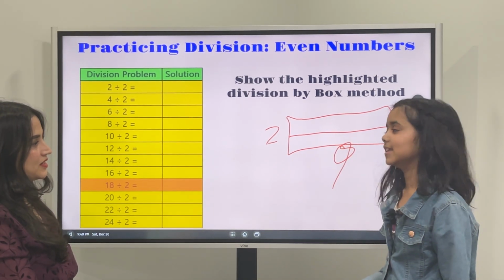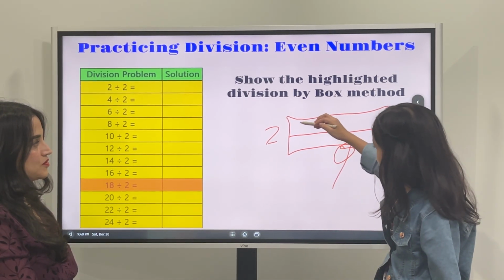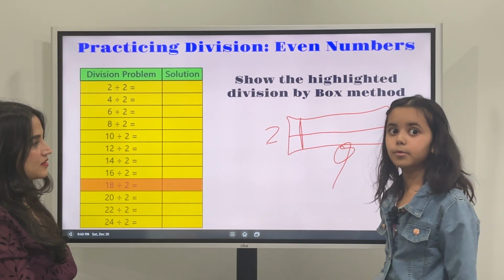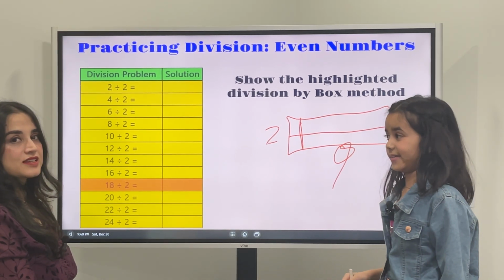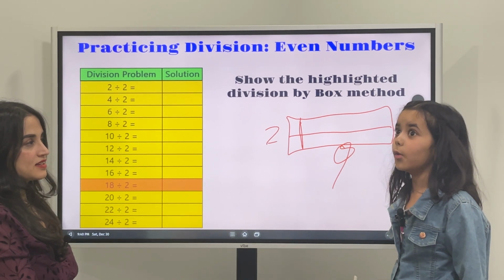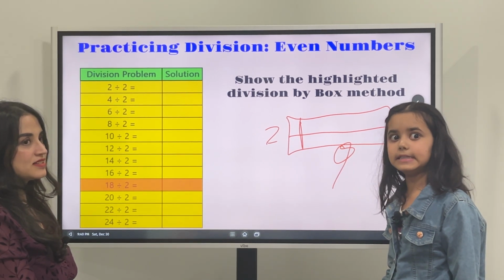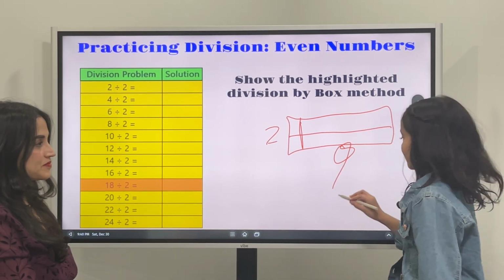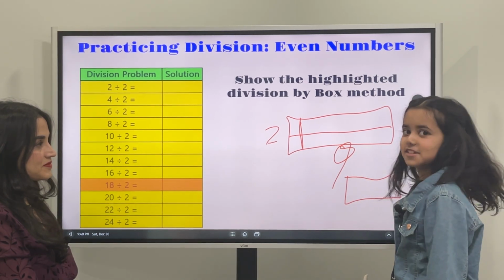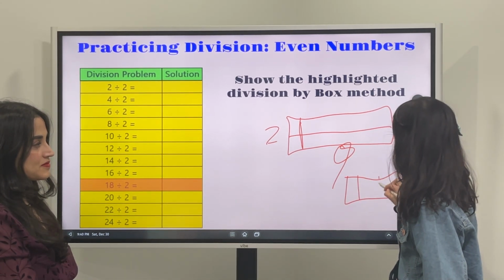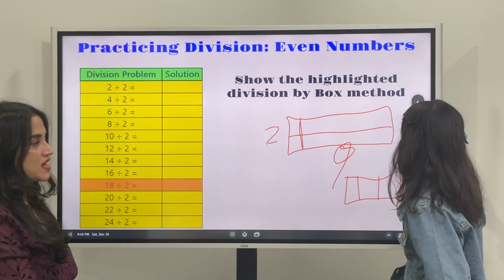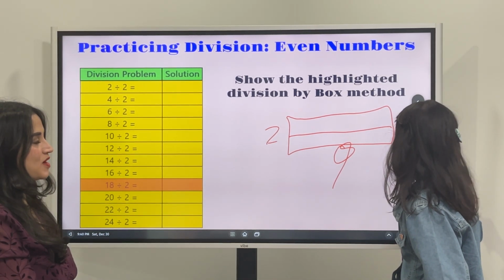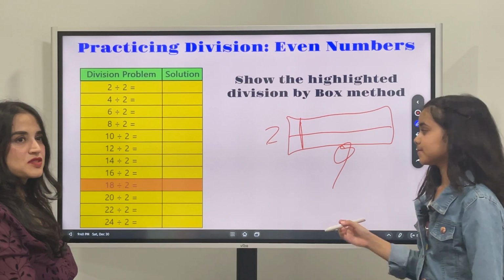The answer goes down. Yeah, 9. Then we need to put 8 lines, not 9, because then there would already be 9 spaces. Look, if I make a small box and add 2 lines, there are 3 boxes, so you have to minus 1 line.